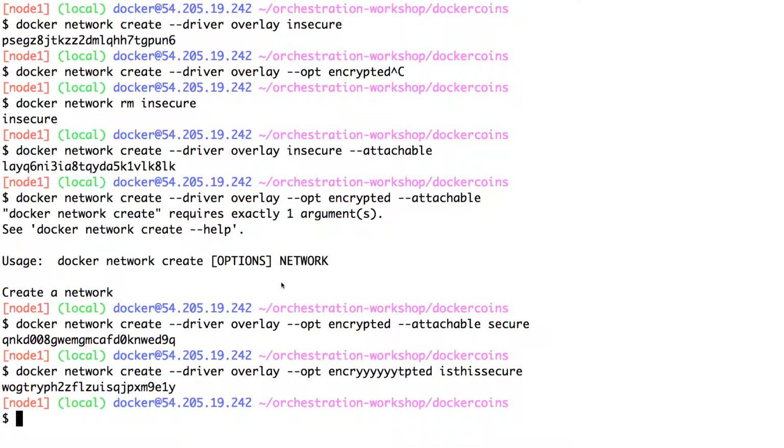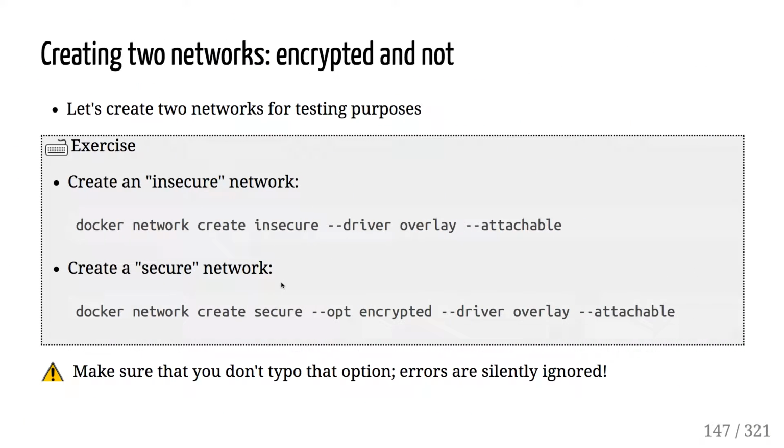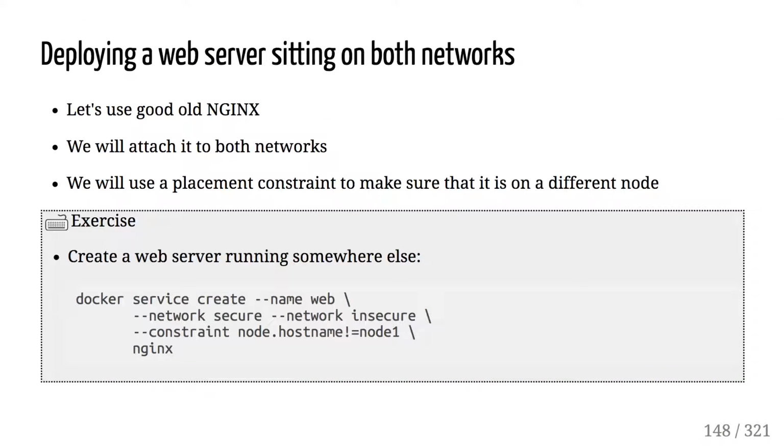That's great. Now I'm going to create a container running a simple Nginx web server, and I'm going to attach it to both networks at the same time, the secure network and the insecure network. I'm also going to put a placement constraint to say I want that container to be somewhere else, not on my local node, because I want to sniff traffic, and if the server is on the local node, I won't be able to sniff traffic.